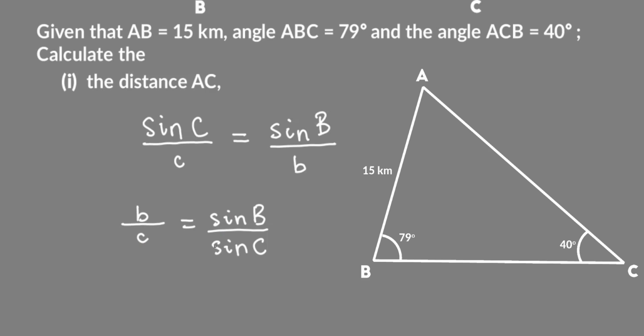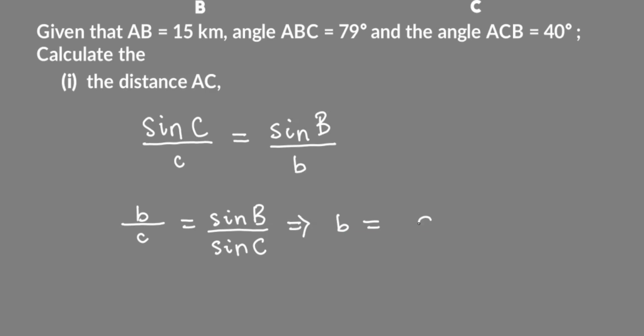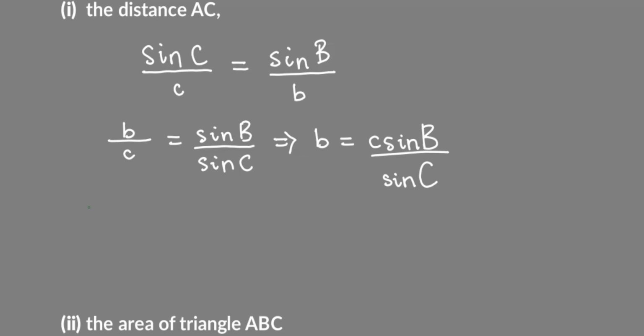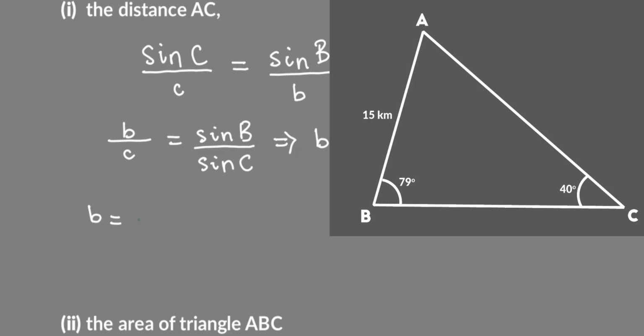There's no point in multiplying this sine C with this B and then again dividing both sides by sine C. Therefore, this means that B is equal to C sine B divided by sine C. If we look in the diagram, C is the side which is 15 kilometers.